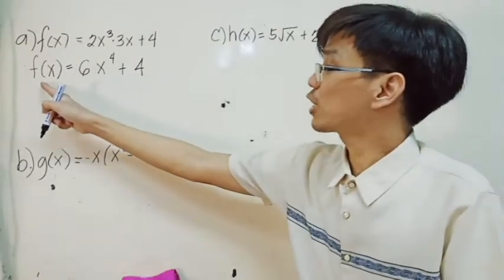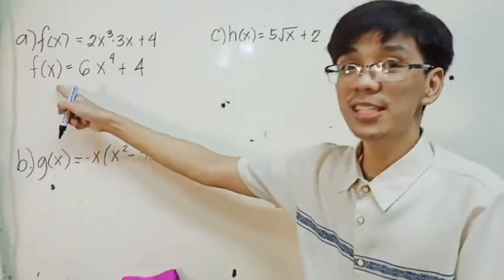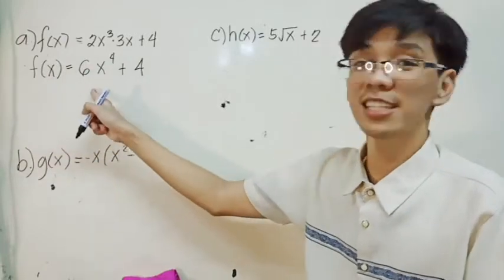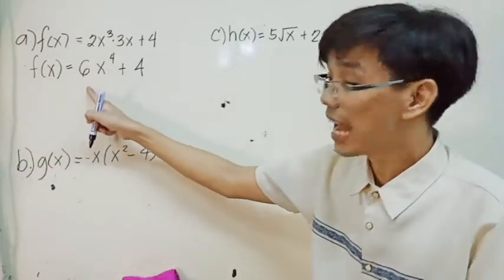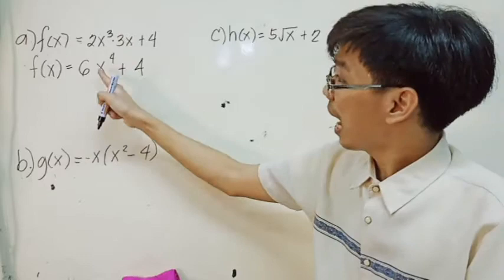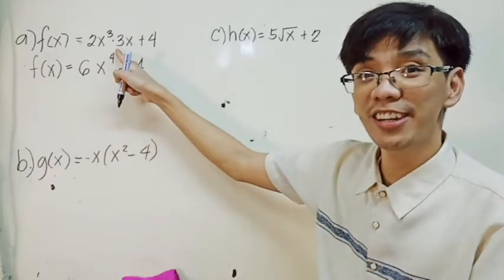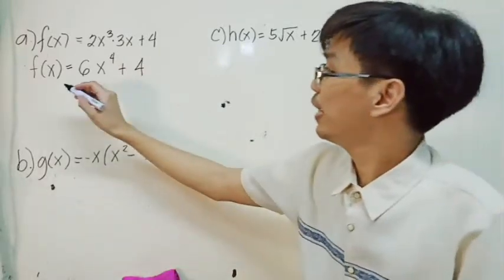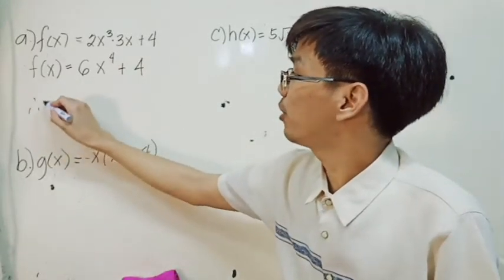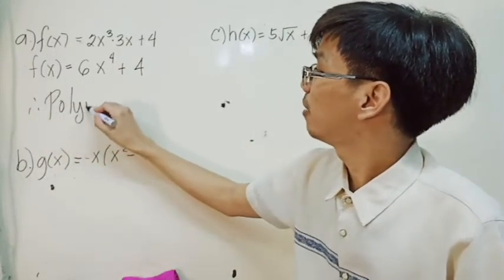Therefore, as we can see, this function f of x, because it has a variable with a positive integer exponent, is a polynomial function.